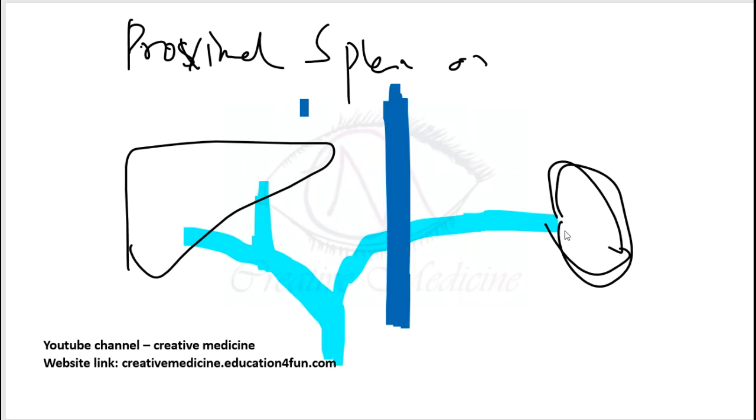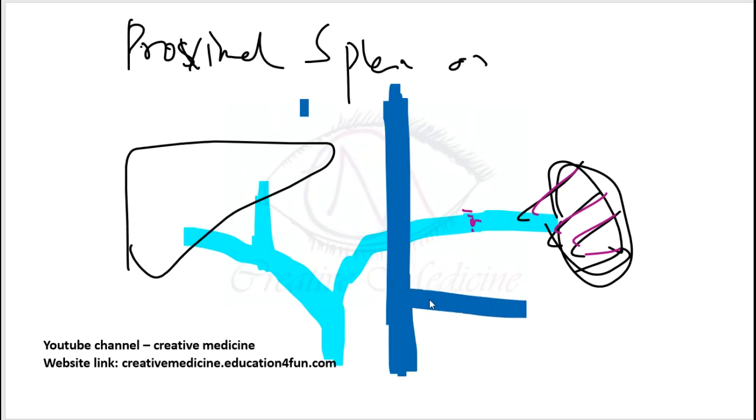Very good. Now you will first have to perform the splenectomy. The spleen is removed, and you will have a proximal part of this vein. Now from the inferior vena cava there will be a renal vein coming and supplying the kidney. Okay, this is the kidney. So you have done splenectomy and removed the spleen and also part of the splenic vein.